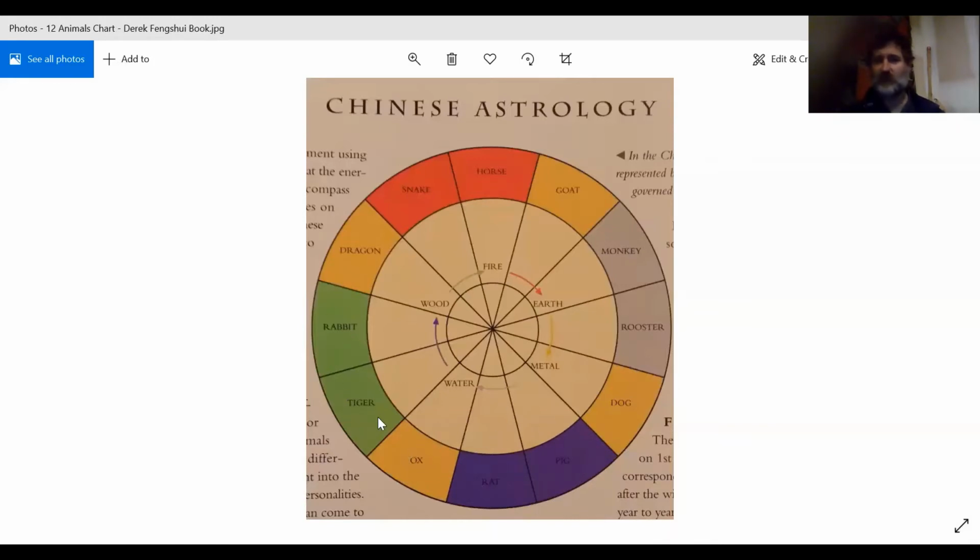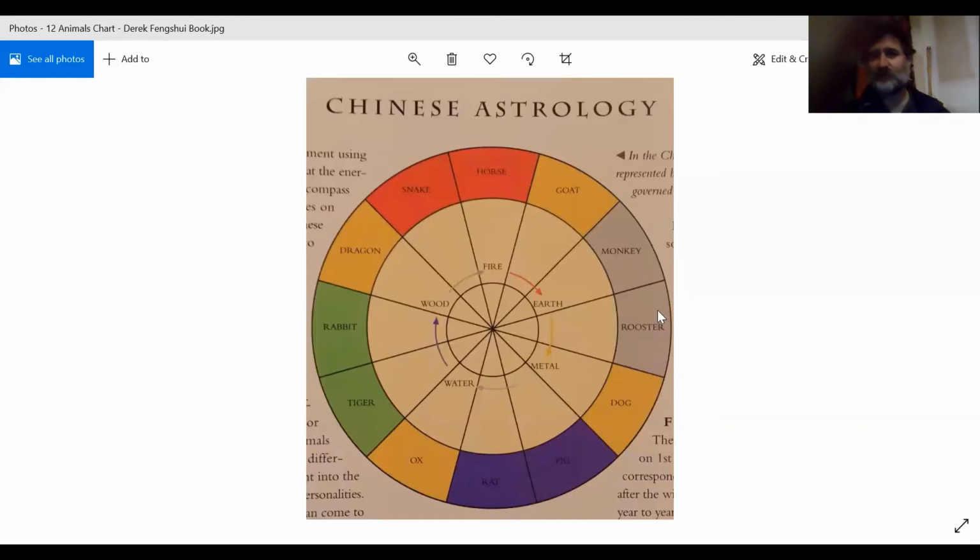Green, we're going to skip the gold, the yellow right now. Green is wood, so chi rising upward. Red is fire, chi at the peak. Gray here, silver, sometimes white, is metal, so chi descending.